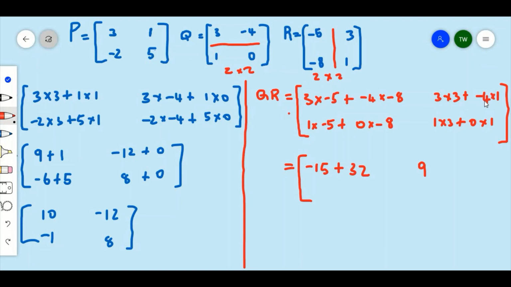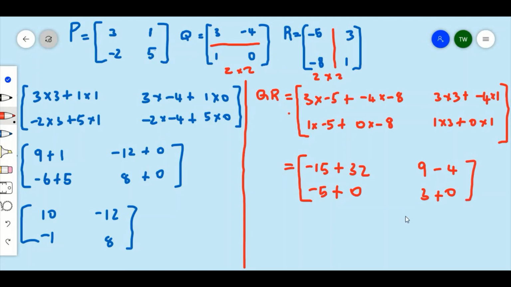Now, negative 4 times 1, that's going to give us negative 4, so we're just going to write minus 4 here. 1 times negative 5, that's going to give us negative 5. And 0 times negative 8, that's just going to give us 0, so it's going to be plus 0. 1 times 3, that's going to give us 3. And 0 times 1, that's going to give us 0, so that's going to give us plus 0 here.